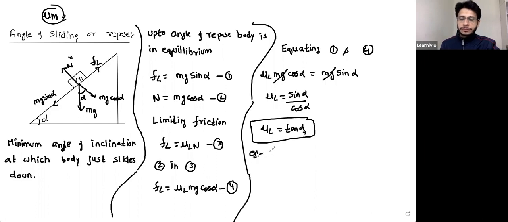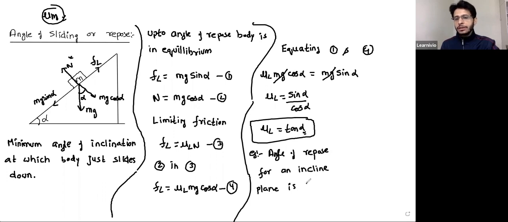For example, for an inclined plane, angle of repose is say 45 degree, not 45 degree. Let's say 30 degree.